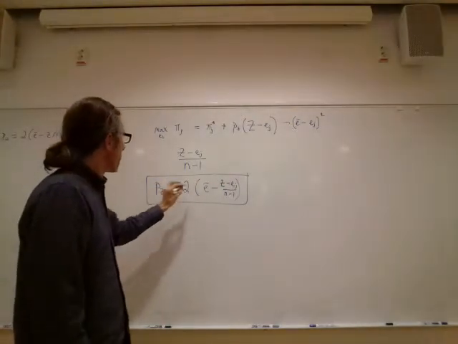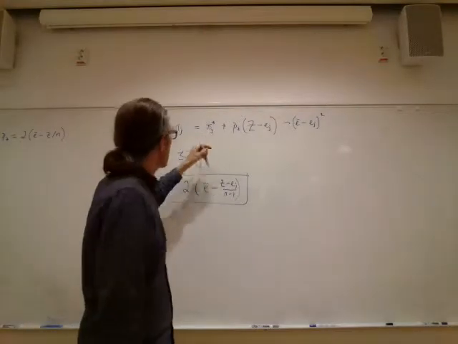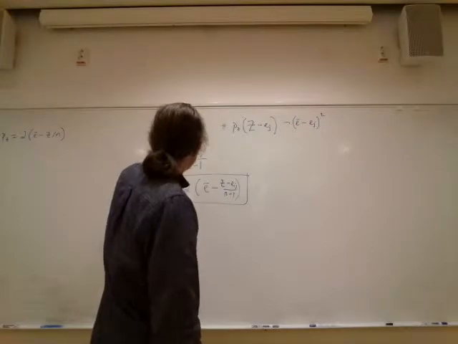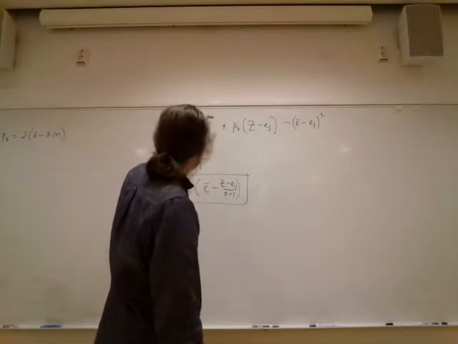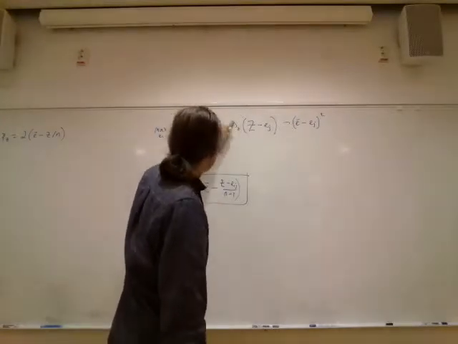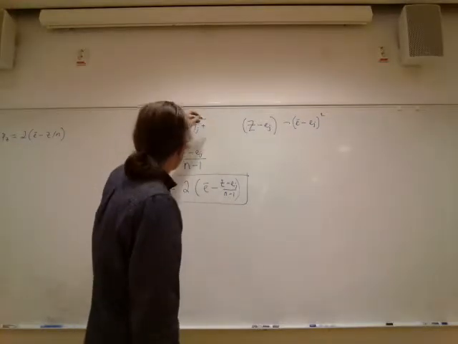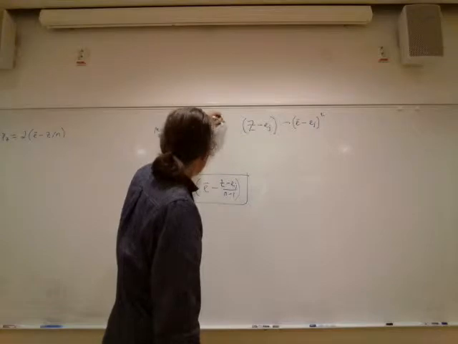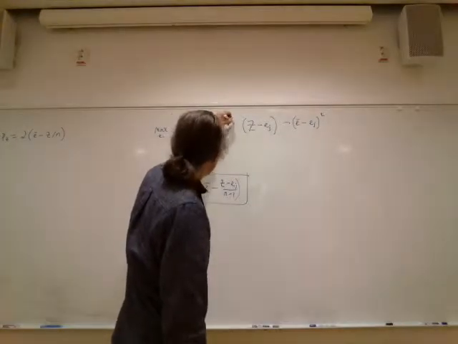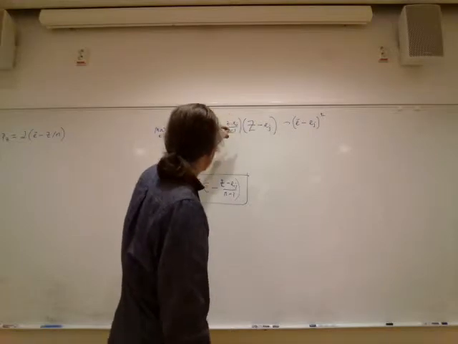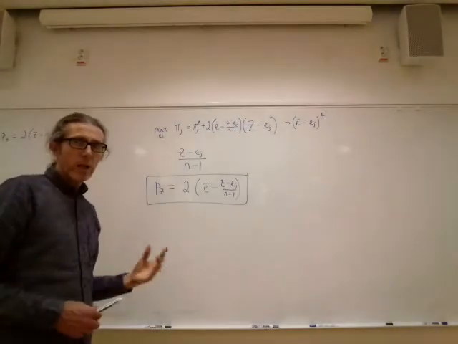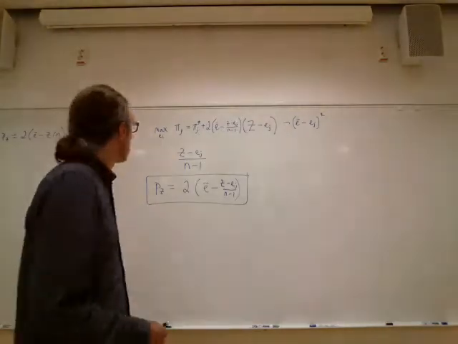So we can put this in here, and we can say equals pi j star plus 2 times E bar minus (Z minus Ej) over n minus 1 times Z minus Ej, and so on.